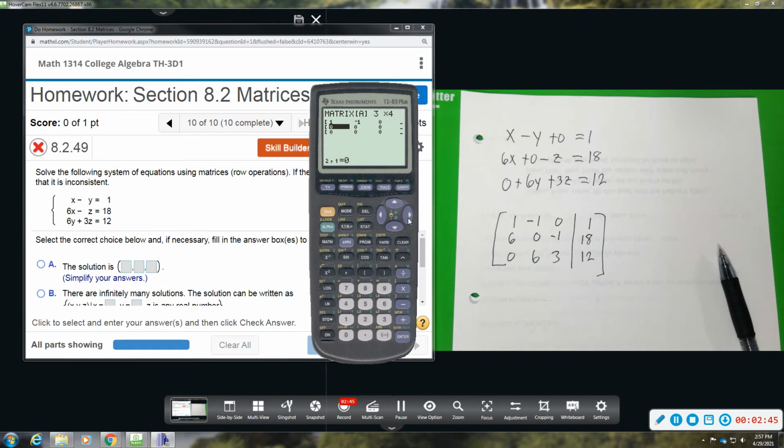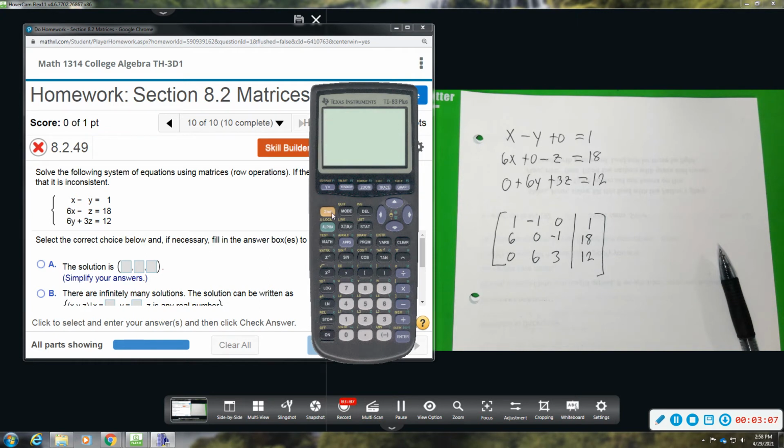Okay, now we pick up 6, 0, negative 1, and 18, and then 0, 6, 3, and 12. I don't know what I did to get out of there. All right, second quit, once we get that in there, and then I'm going to clear all this out.